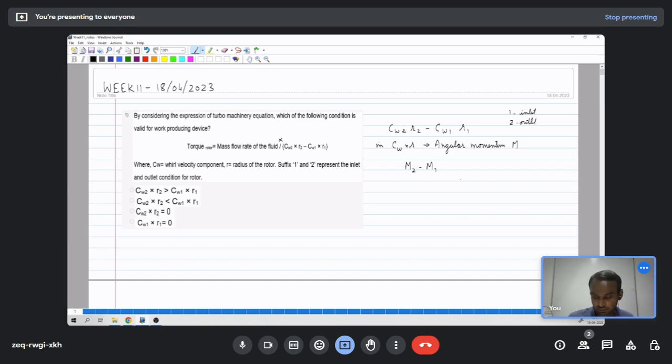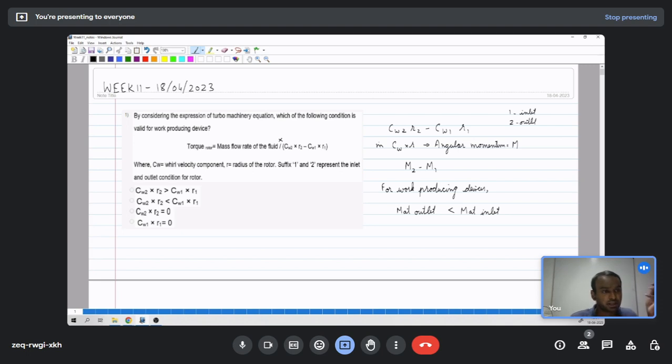And when the device is producing work, that means the angular momentum of the fluid at the outlet will be less than at the inlet, right? So for work producing, m at outlet will be less than m at inlet.